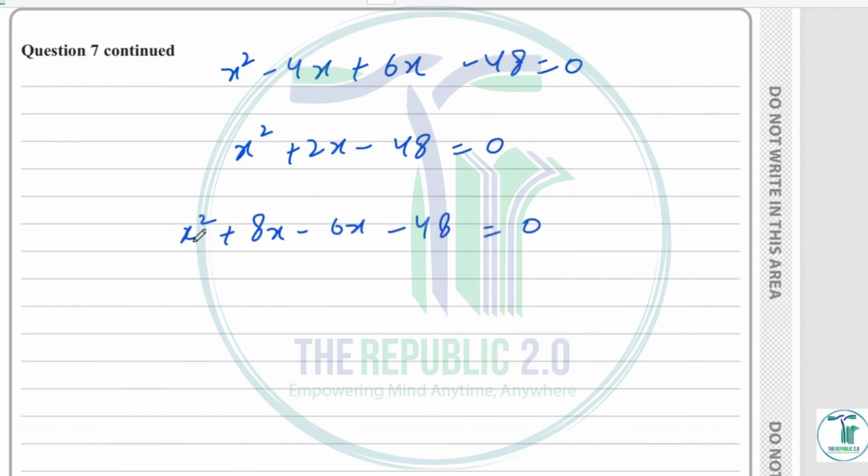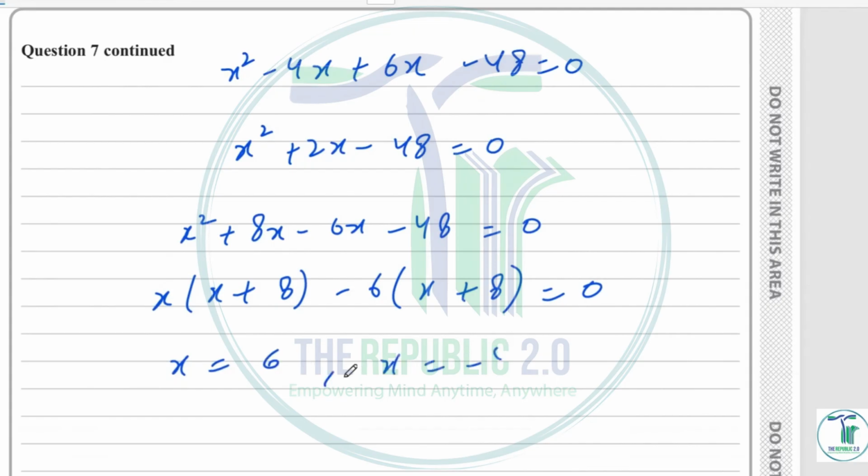The common thing between x squared and 8x is x, and you're left with x plus 8. Negative 6 times (x plus 8) as well equals 0. So the two x coordinates should be x equals 6 and x equals negative 8.